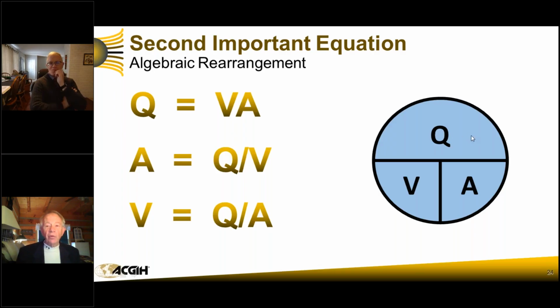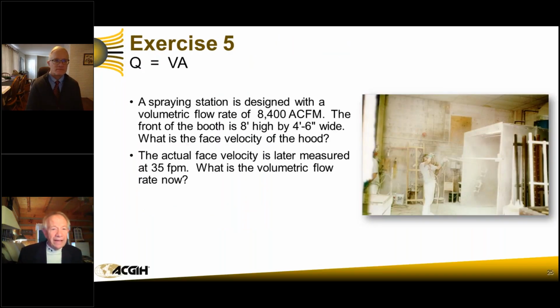When you want to determine Q, you put your hand over the Q, block it, and that gives you V times A. If you want to determine A, put your hand over A, that's Q over V. Or if you want to determine V, you can use Q over A. It's a great little high school cheater method, but it's very handy if you don't remember, you can always go back to that.